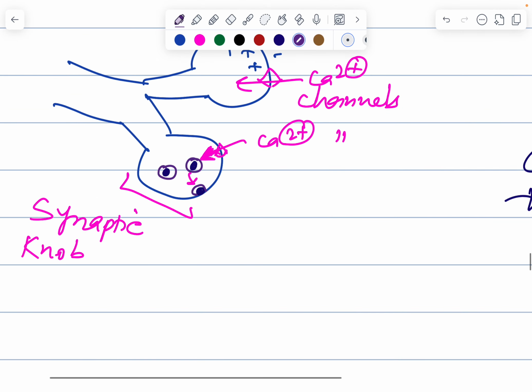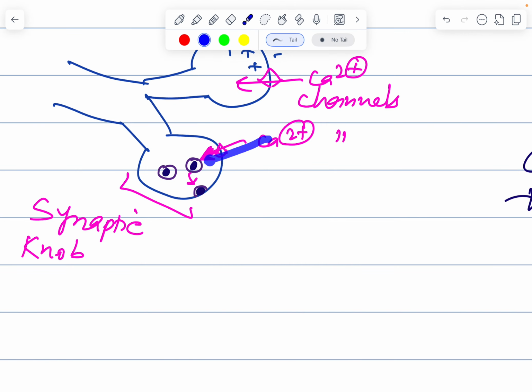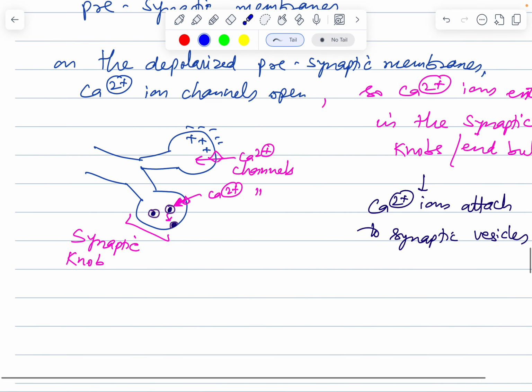Let me zoom in into this for you. Calcium ions enter in and take these vesicles and stick them on the presynaptic membrane.